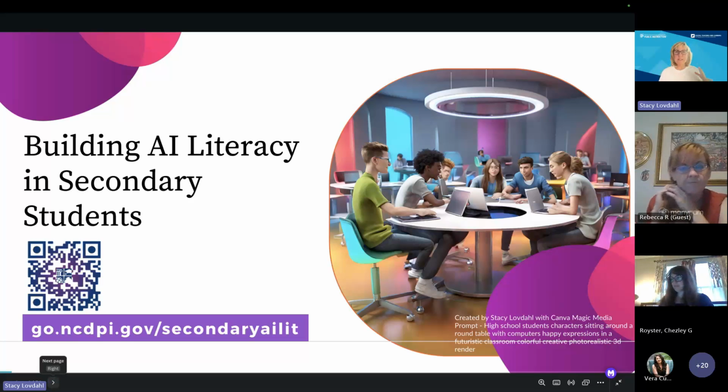The resources in this session are really focused on middle school and especially high school students, and are informed by working with classroom students in some high school classes that I've been able to work with, and the North Carolina AI Summits that we had this spring, where we had 9 students in the East and 5 students in the West who were able to be interviewed and talk to us in our student panels.